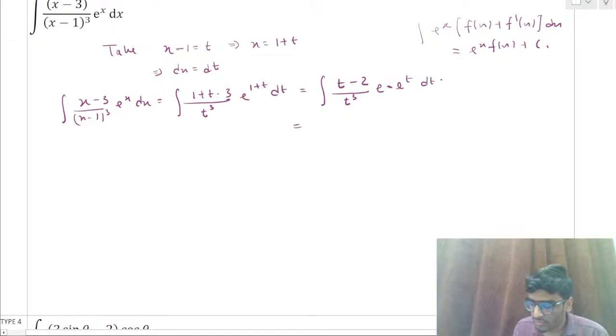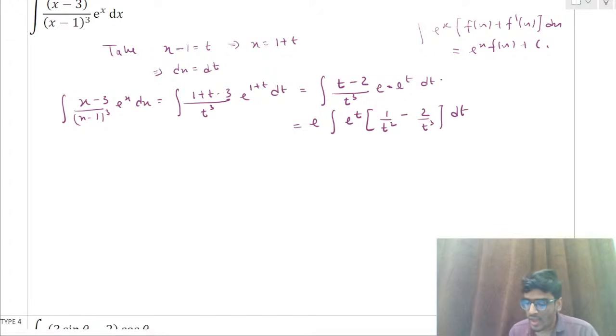We can write e raised to power 1 plus t as e times e raised to power t. So we get e times the integration of e raised to power t times t minus 2 upon t cube, dt.